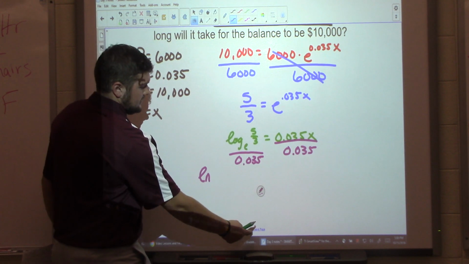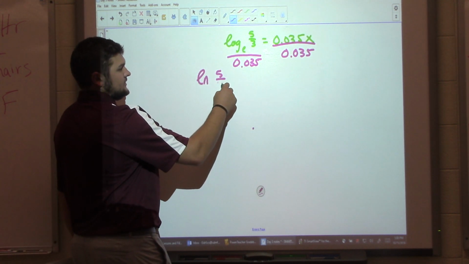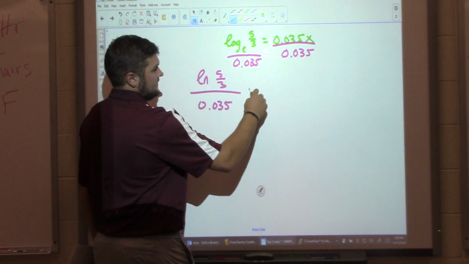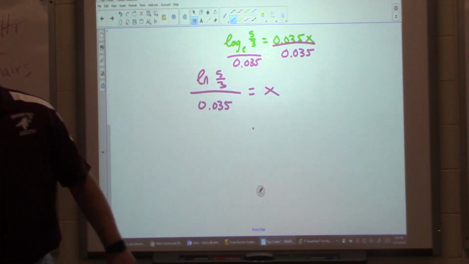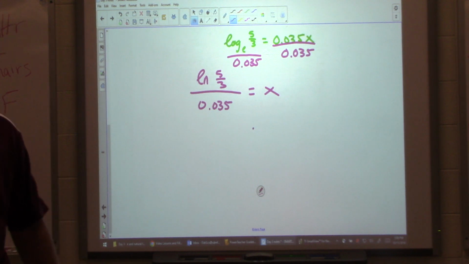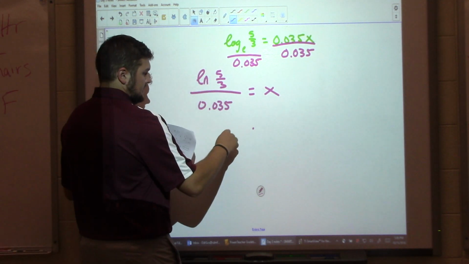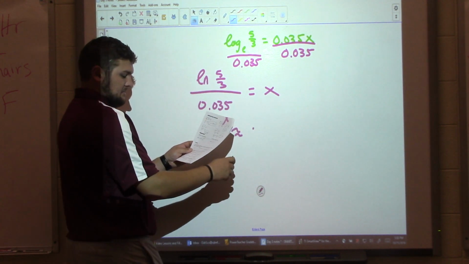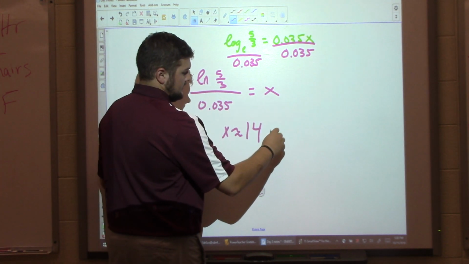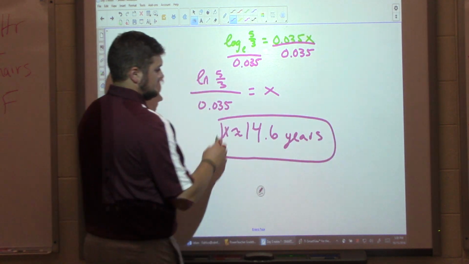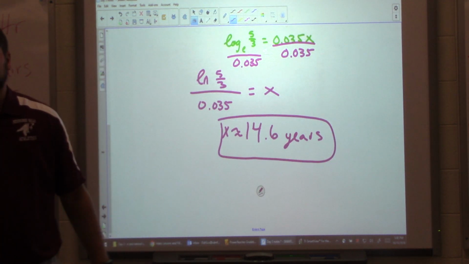Natural log of 5/3 over 0.035. That should equal x, so you plug that in your calculator. Natural log of 5/3, enter. Divided by 0.035, enter. X should come out to approximately 14.6 years.